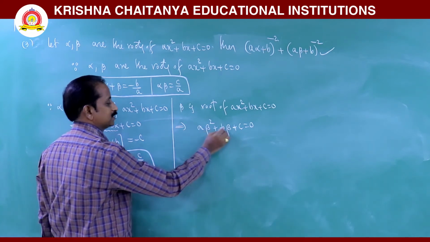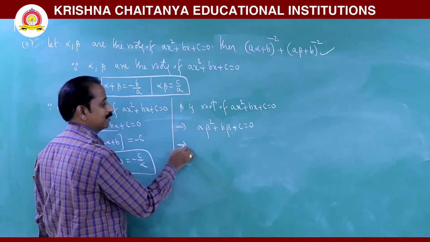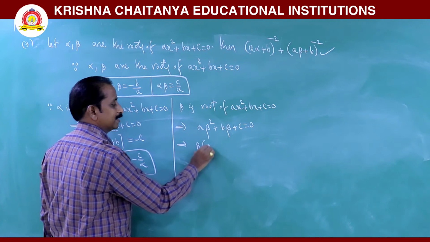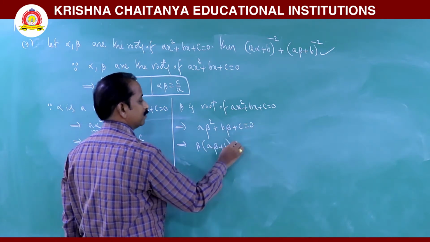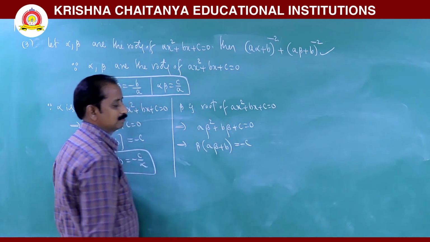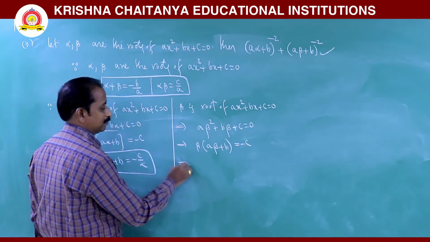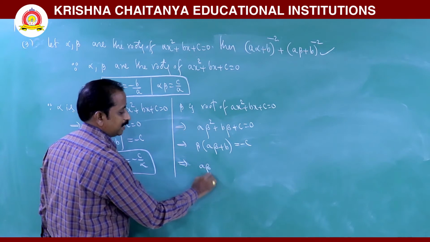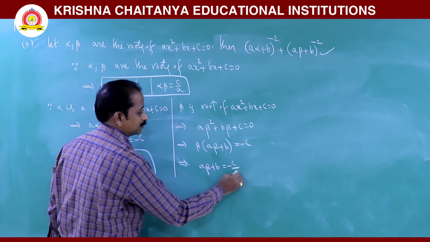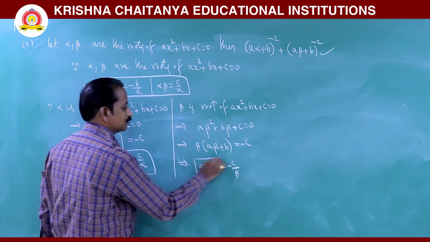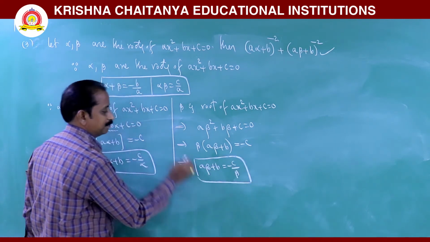Observe, for the first two terms beta can be taken out common, then a beta plus b, and plus c taken to the RHS side becomes minus c. So from this I can write a beta plus b value as nothing but minus c by beta.